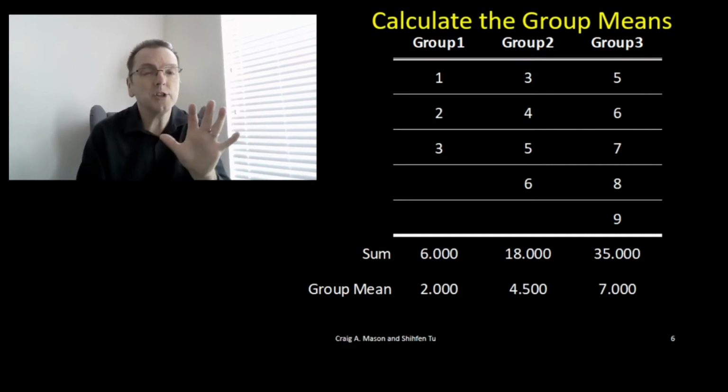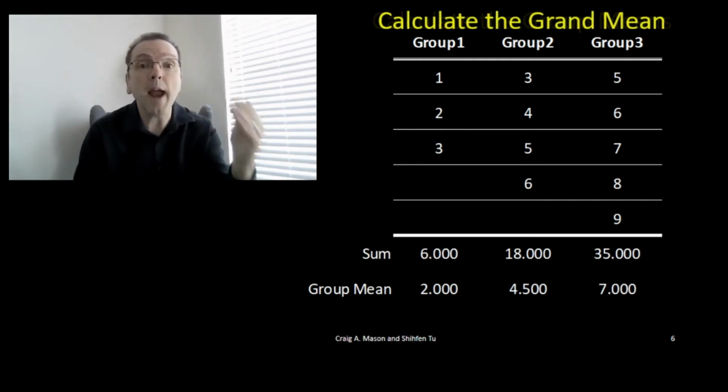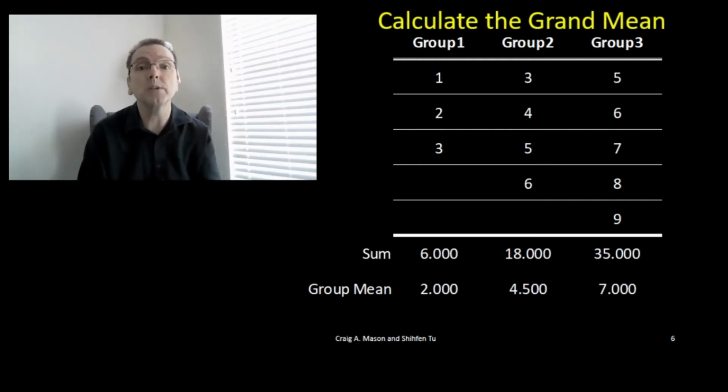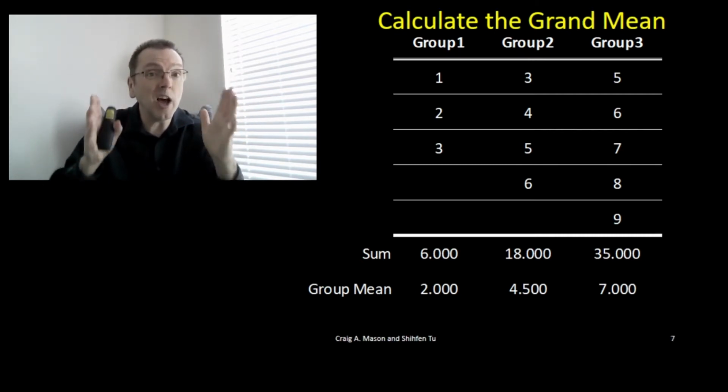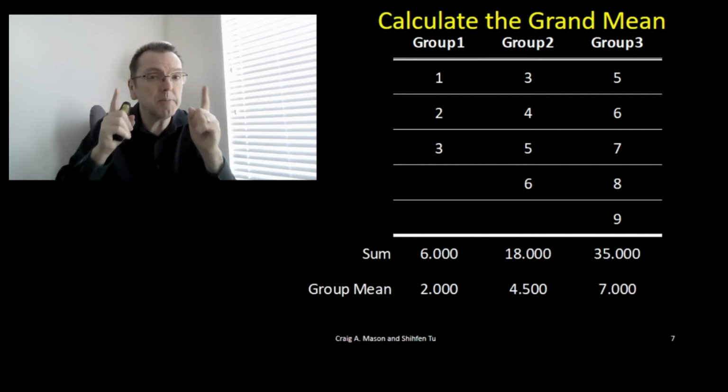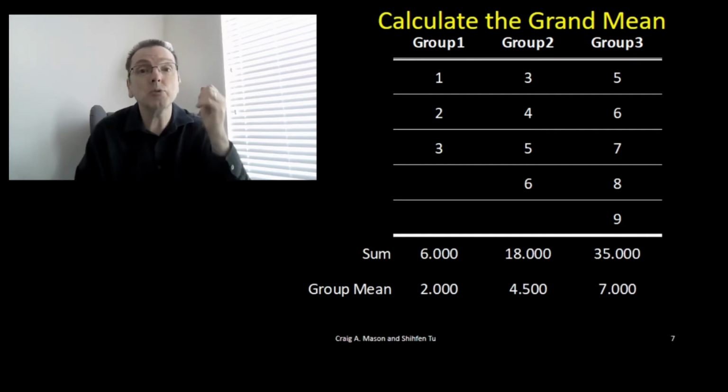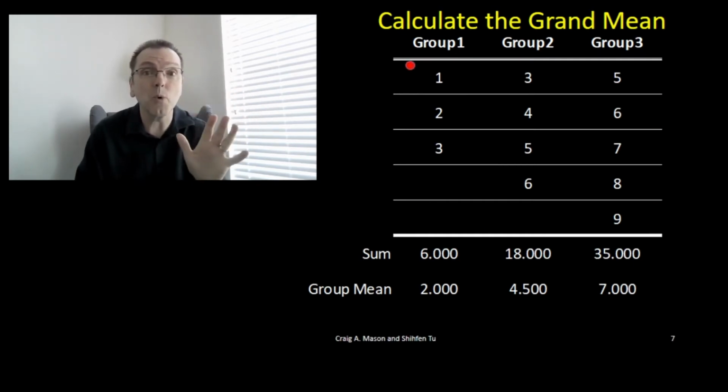Now, in addition to the group means, we also need to calculate the grand mean for the scores. Now, because the sample sizes are not equal, we need to be careful to actually calculate the mean based on the 12 original raw scores.